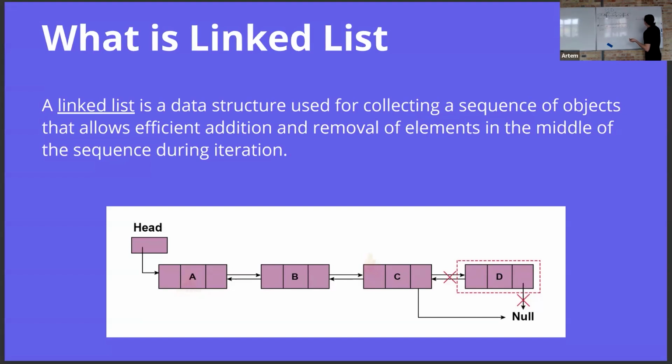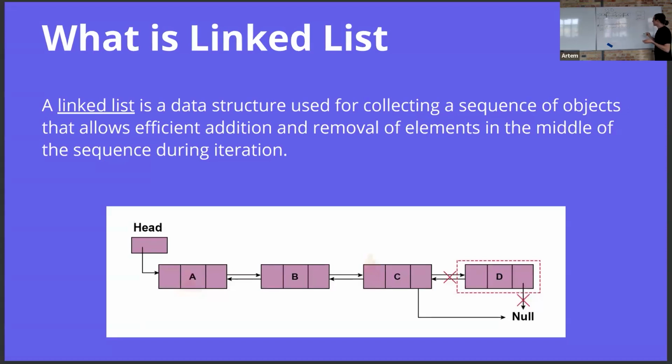So when we're talking about linked list, we can add another concept. It's a node. A node contains an actual value, for example, 7, and it also contains two fields, next and prev.